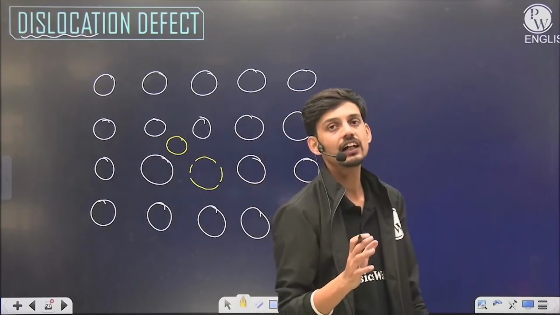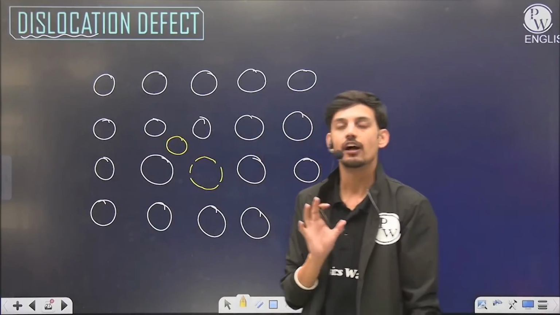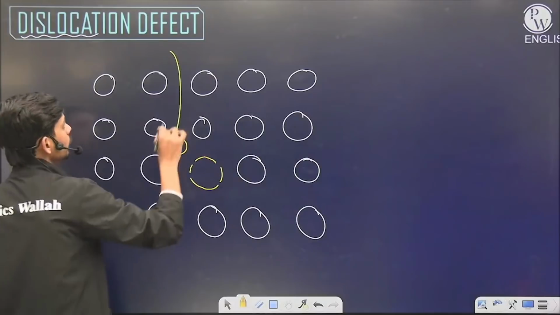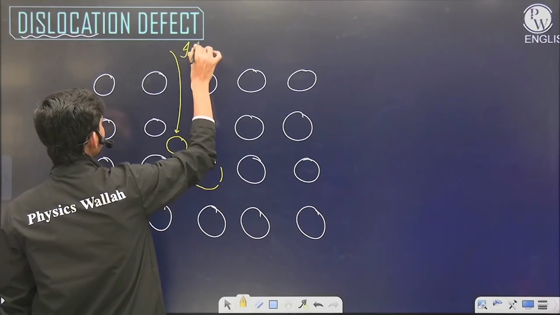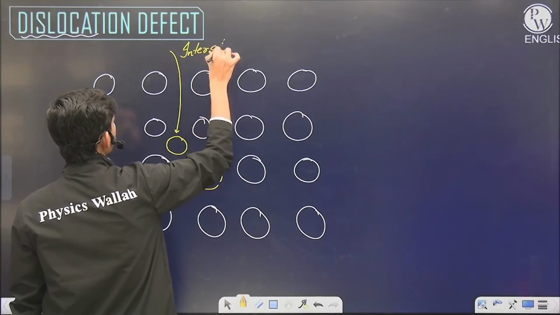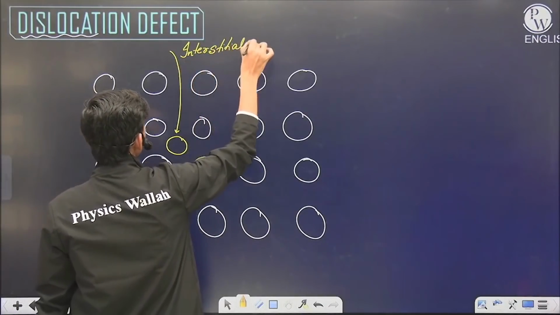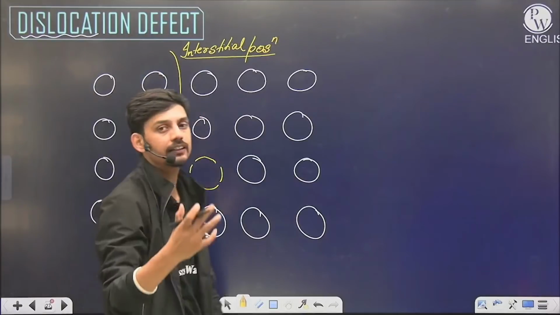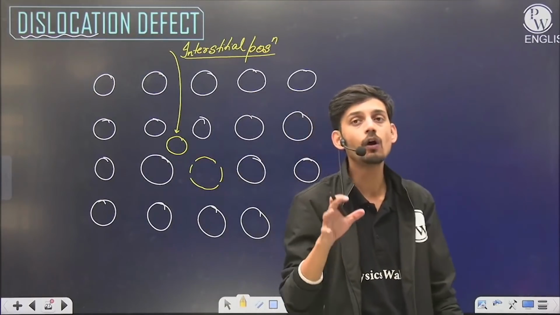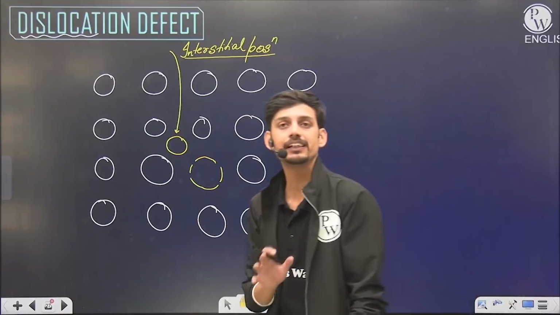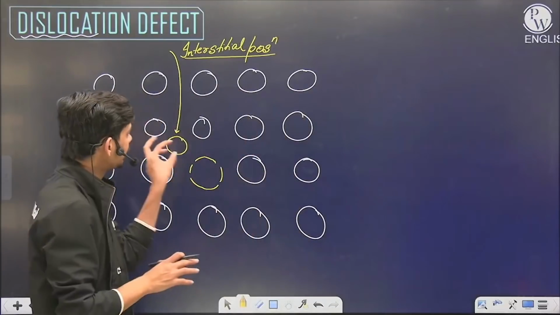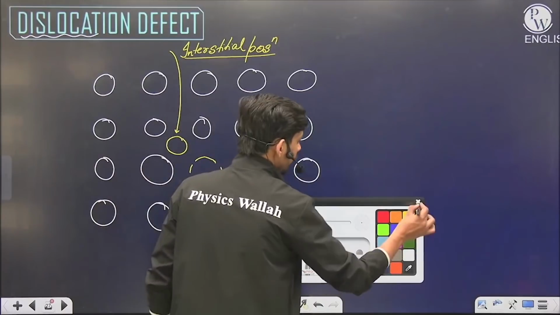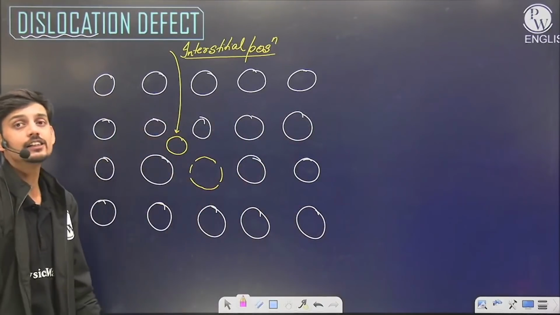Those defects are called dislocation defects, where the atom is dislocated from its original position to another interstitial position. And all the interstitial positions are interconnected. I've already told you these are the open empty spaces. So an atom in this interstitial space can move from one position to another. This type of defect is called dislocation defect.